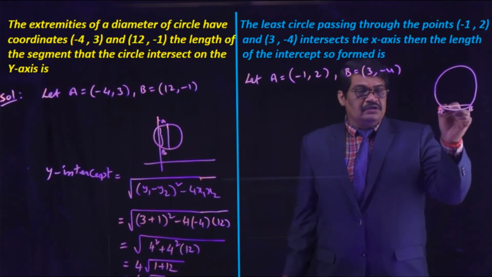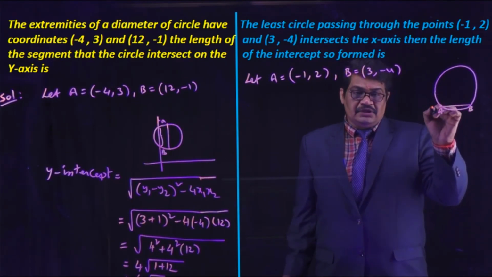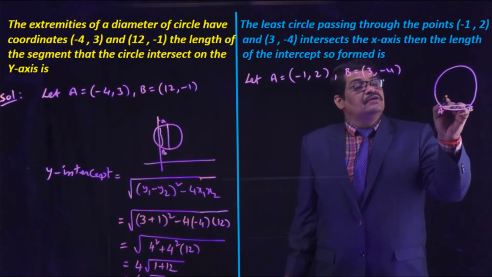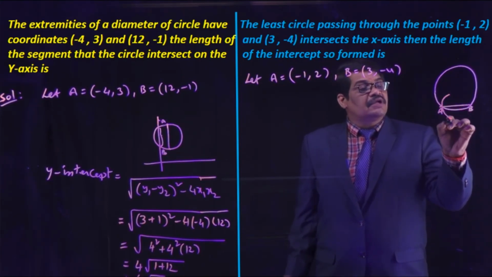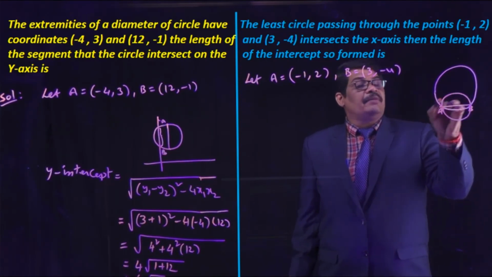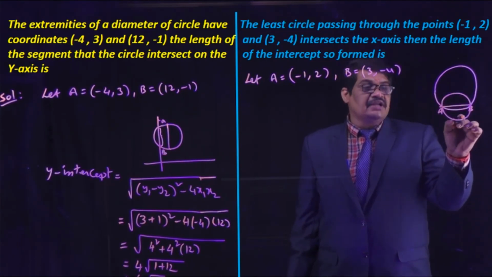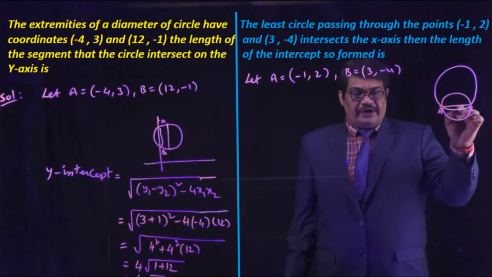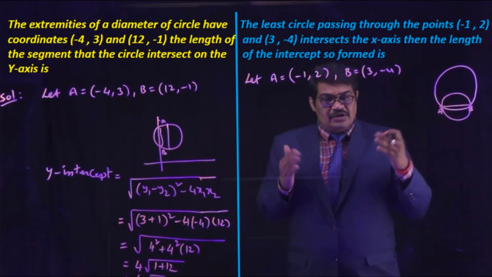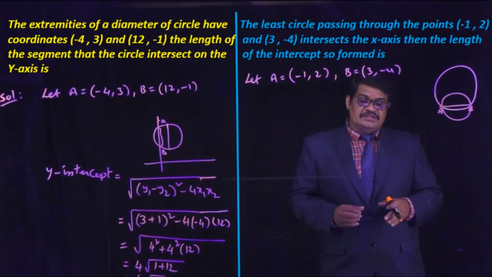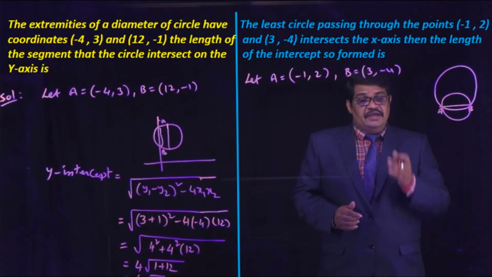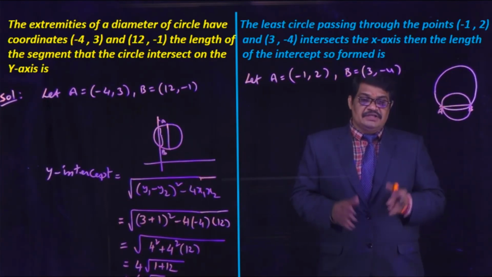But we want the least circle. If you take AB as the diameter of the circle, that is the least circle among all circles passing through these 2 points. So the least circle passing through the given 2 points is the circle with those 2 points as the endpoints of the diameter.